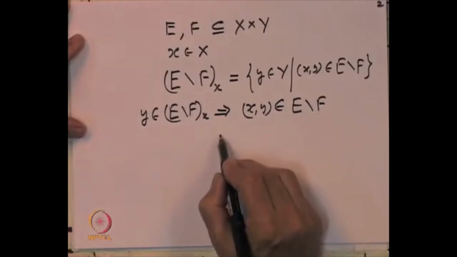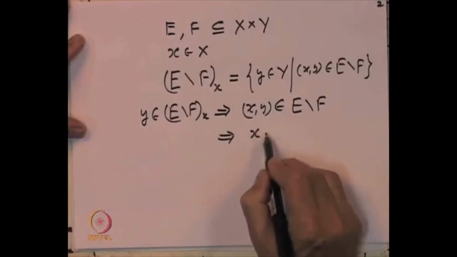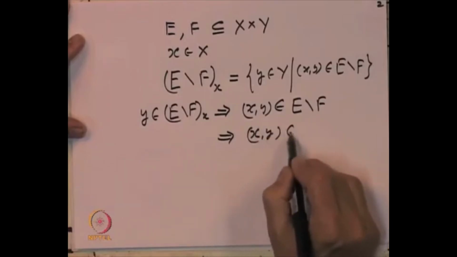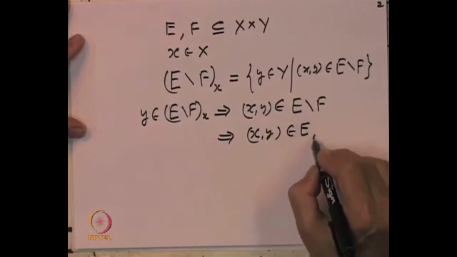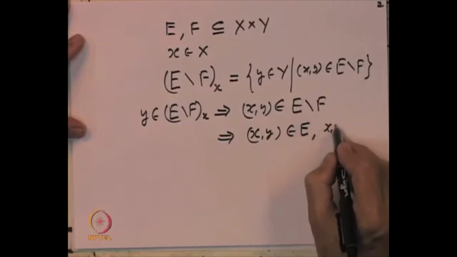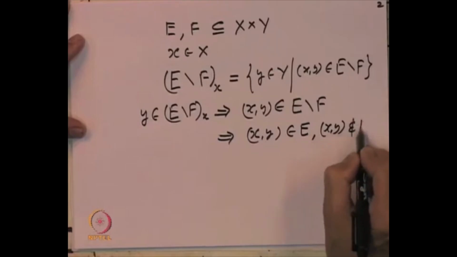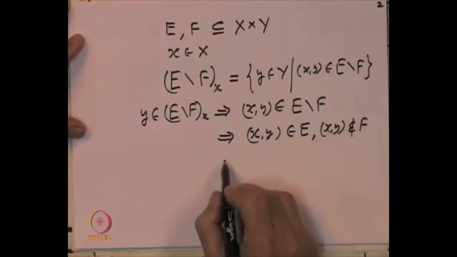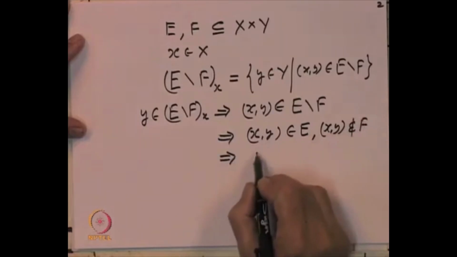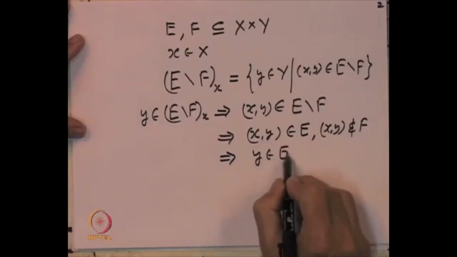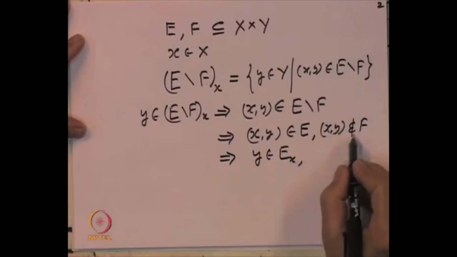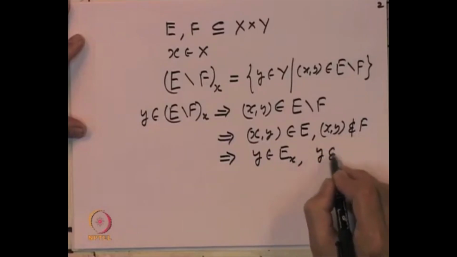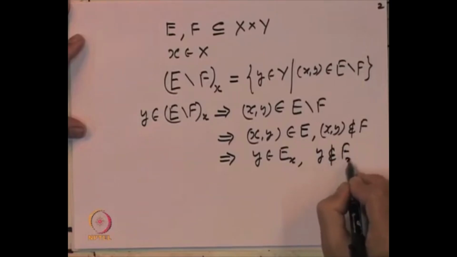That is the same as saying that (x, y) belongs to E, but (x, y) does not belong to F. That is the same as saying that (x, y) belongs to E, that means y belongs to E lower x, and (x, y) does not belong to F, that means y cannot belong to the section of F at x.